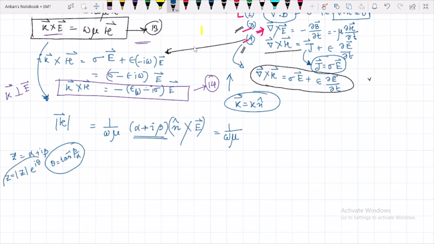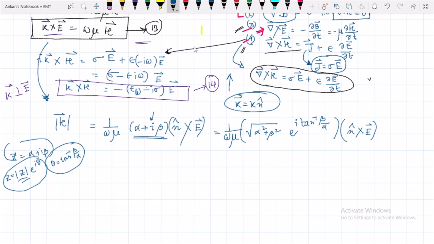From the complex analysis you already know this. So we can also take this as root over alpha square plus beta square, which is the modulus of z, that is the modulus of k, into e to the power i tan inverse beta by alpha. So this term gets completed into n cap cross E.